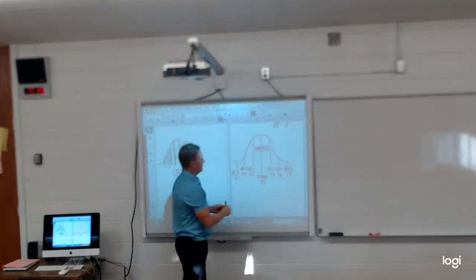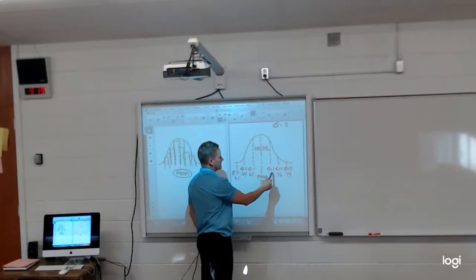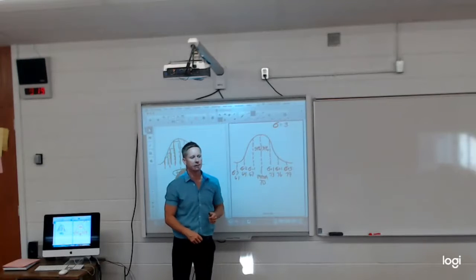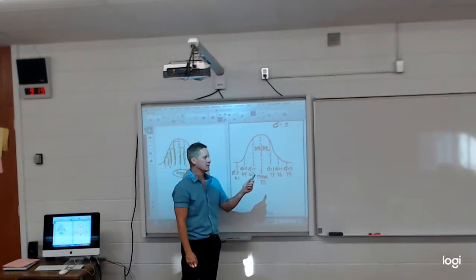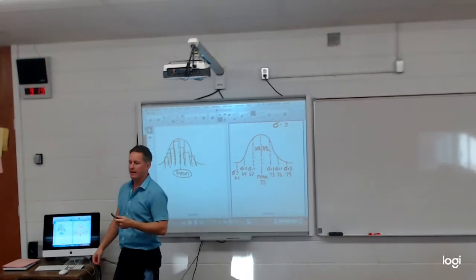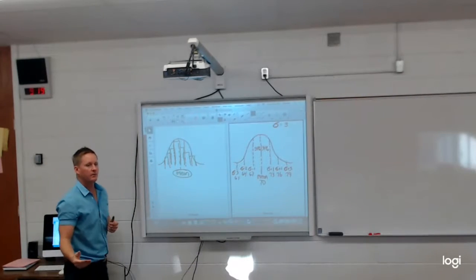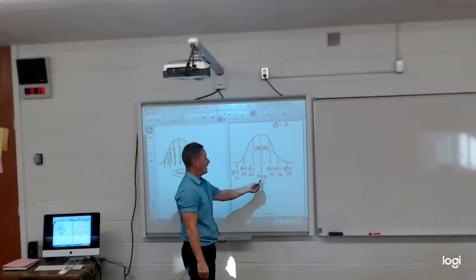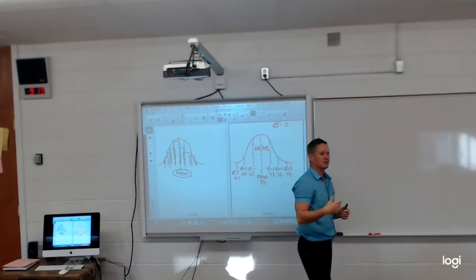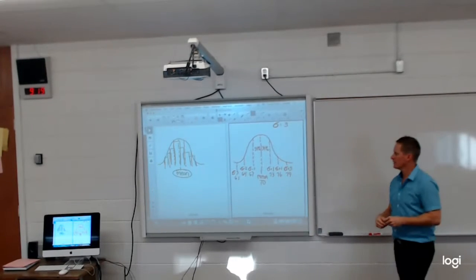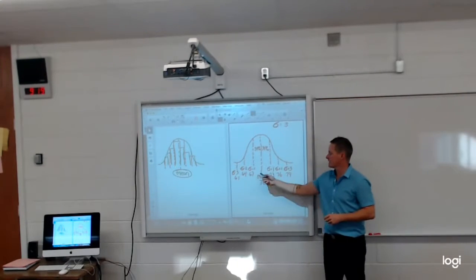Between the scores of 67 and 73, 68% of your class scored between 67 and 73%. That means if there's 100 of you writing this test, and our average for the 100 of you was 70, that means 68 of those scores fell between 67 and 73%.